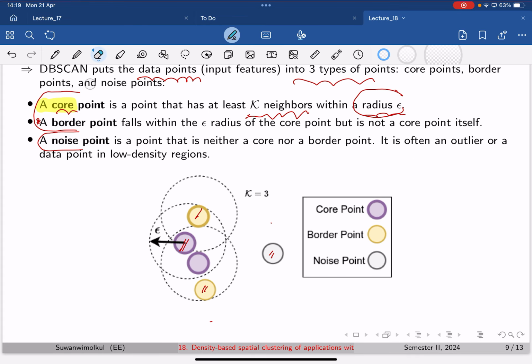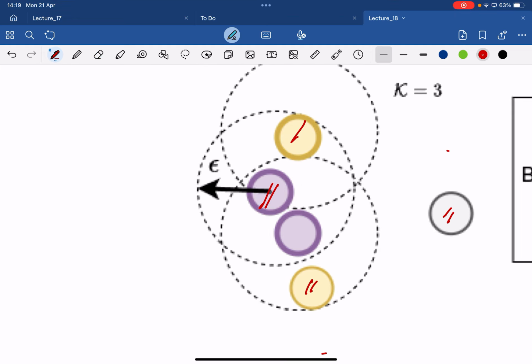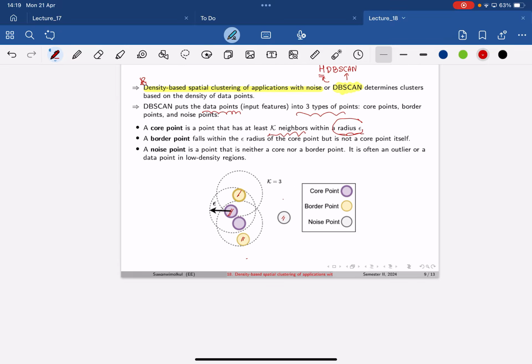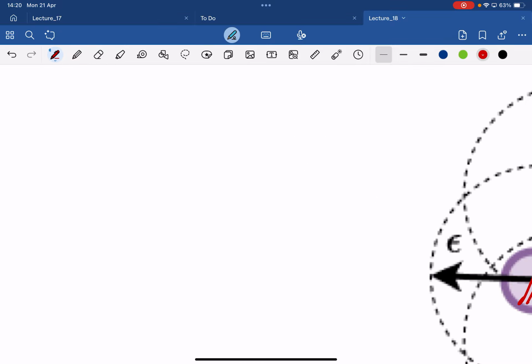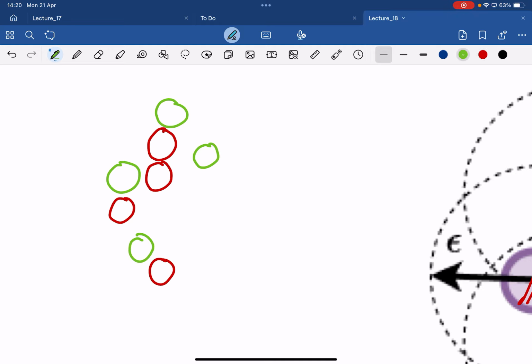When you find a core point, let's say, I will use a better example. Let's say you have this point, this point, this point being core points, and let's say the core point is a point that contains at least 3 neighbors.